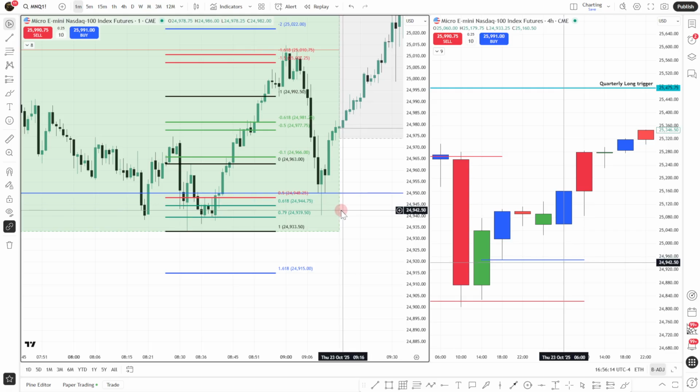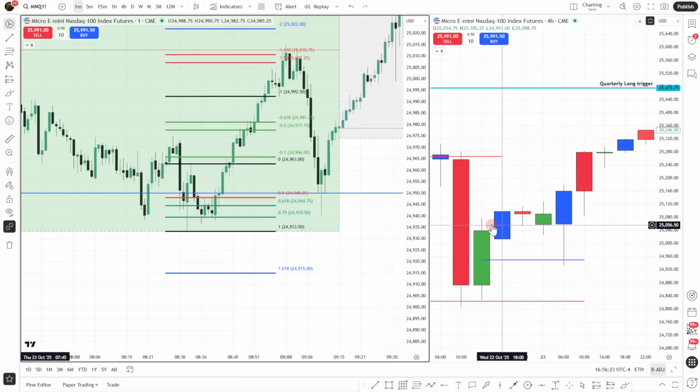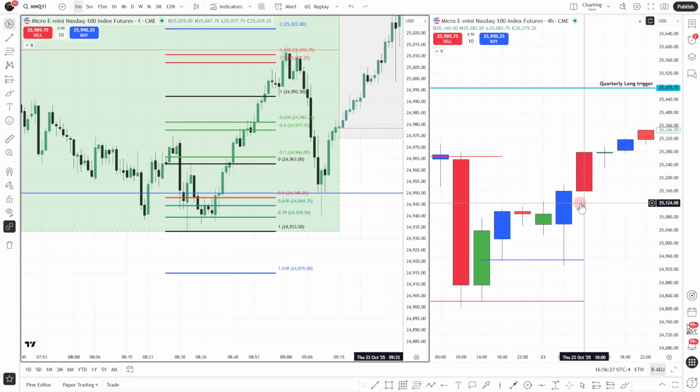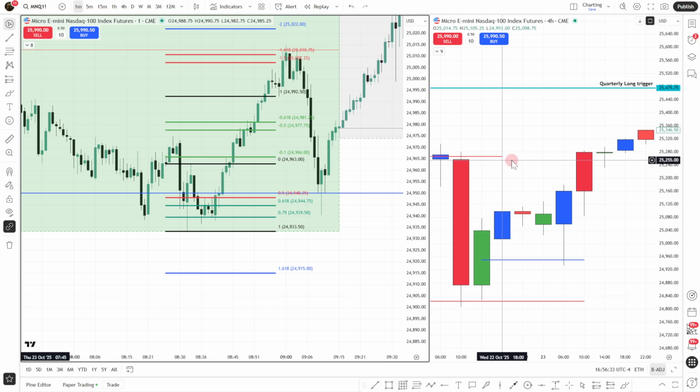You get one more tap into OTE over here, but the low holds. And so we're looking at the same time frame, right? The 4-hour candle. And then 10 a.m. ends up opening up, and we get a move into the 10 a.m. opening price, and it just taps the high of this previous 10 a.m. candle.